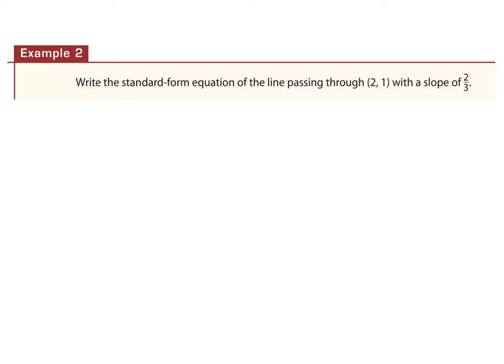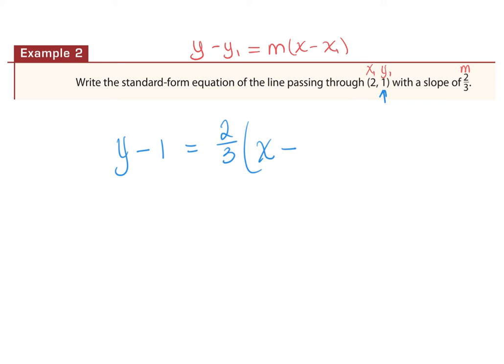So we are going to use y minus y1 equals m times x minus x1. Now in this case, they gave us x1, they gave us y1, and they gave us m. All right? And we're going to plug it in. We're going to say y minus my y1, which is 1, equals m times x minus my x1, which is 2.